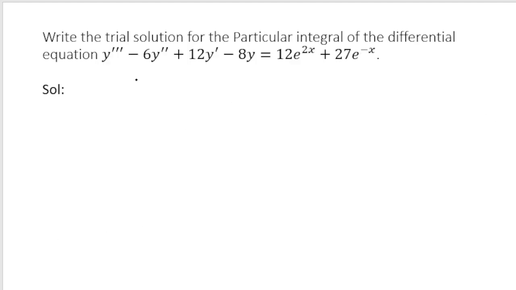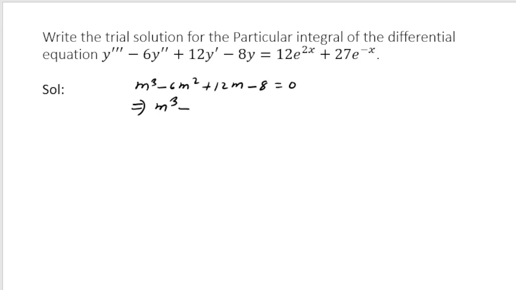Okay, quickly let us look at this particular problem. I am not going to write all the details. You can clearly see that the auxiliary equation will be m cube minus 6m square plus 12m minus 8 is equal to 0, right? And I don't know how many of you can clearly see this is actually (m minus 2) whole cube.